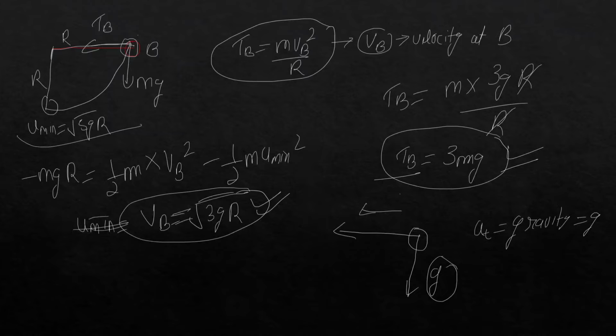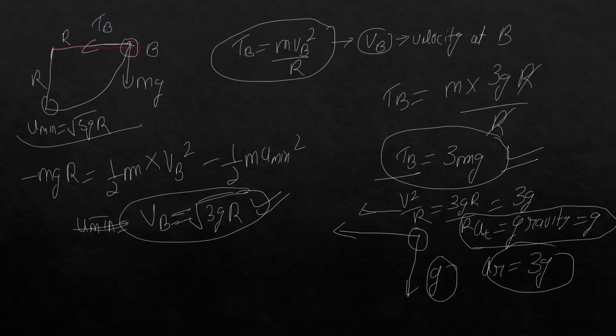And what is radial acceleration? That is v square upon r. And what is v square? That is 3 gr. It means the radial acceleration AR is equal to 3g. So maybe anyone can ask what is radial and what is tangential acceleration at B. So AR is equal to 3g, and AT is equal to g.